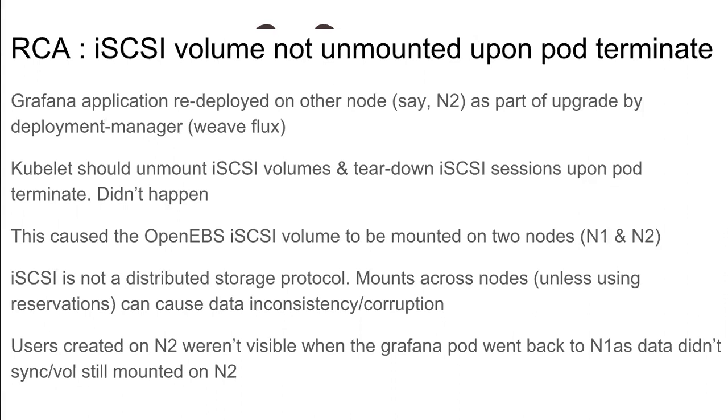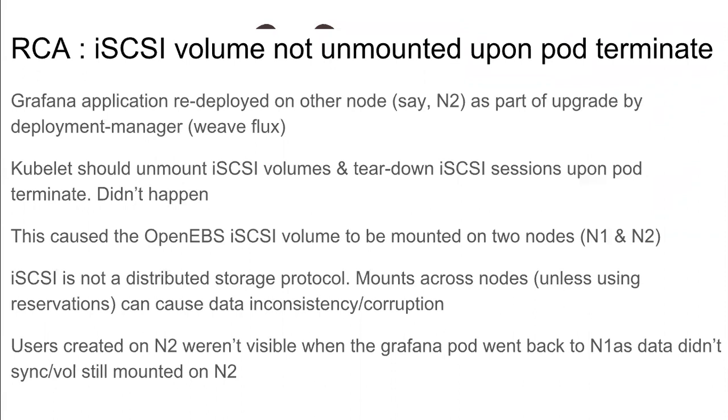So the result was that when the pod was redeployed onto another node, a fresh iSCSI login and mount happened on the new node. For the sake of convenience, we're calling the initially deployed node node 1 and the newly scheduled node node 2.